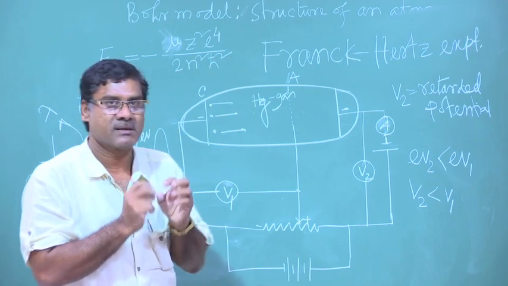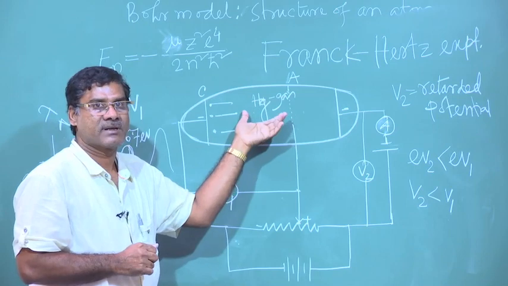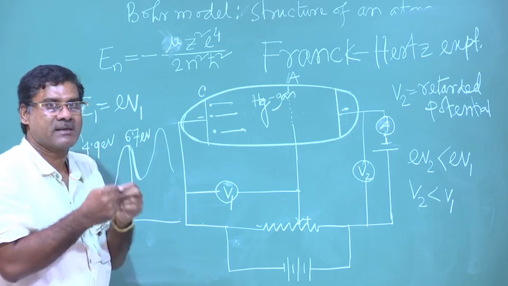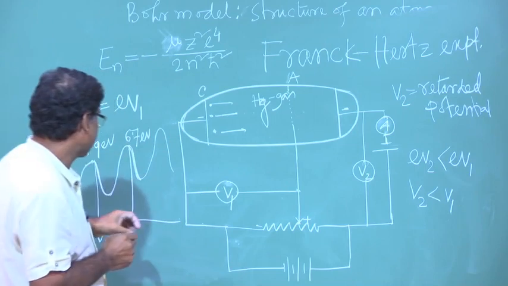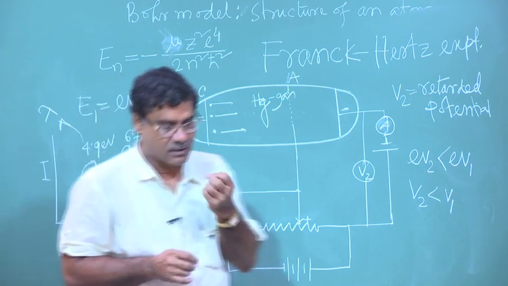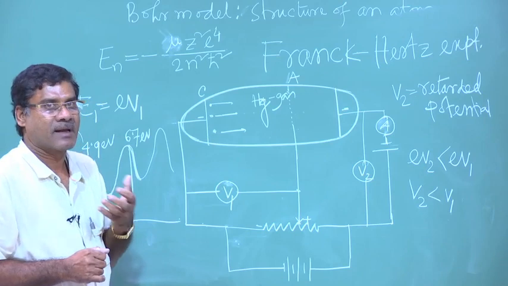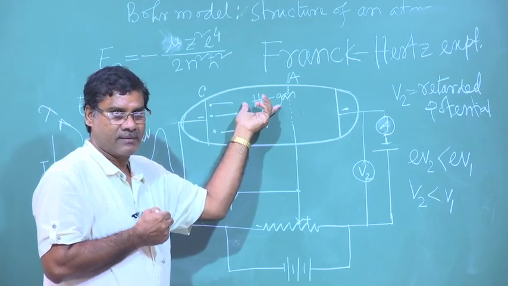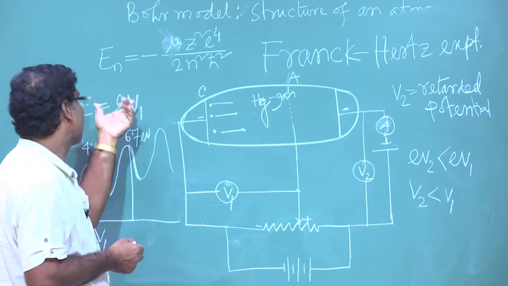So, what happens? When electrons are moving, there is an elastic collision, but when the energy of the electron is close to the separation of the energy levels of mercury, the mercury atom absorbs that energy, fully or partly. Then the electron loses energy.